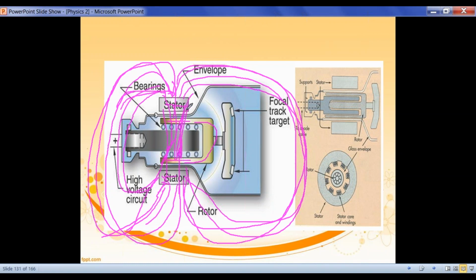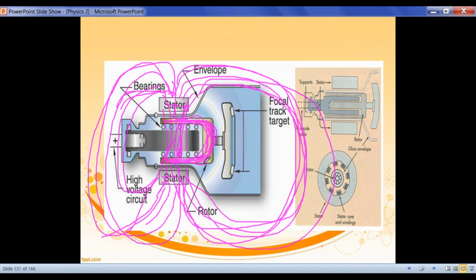So, nag-meet po sila dito. So, dahil po sa magnetic field na ito, tinatawag po natin siyang induction dahil napupunta po yung kanyang magnetic field dito sa rotor. And dahil mayroon na pong supply ng magnetic field, katulad po ng na-discuss natin sa transformers at sa induction, magro-rotate po itong ating rotor.